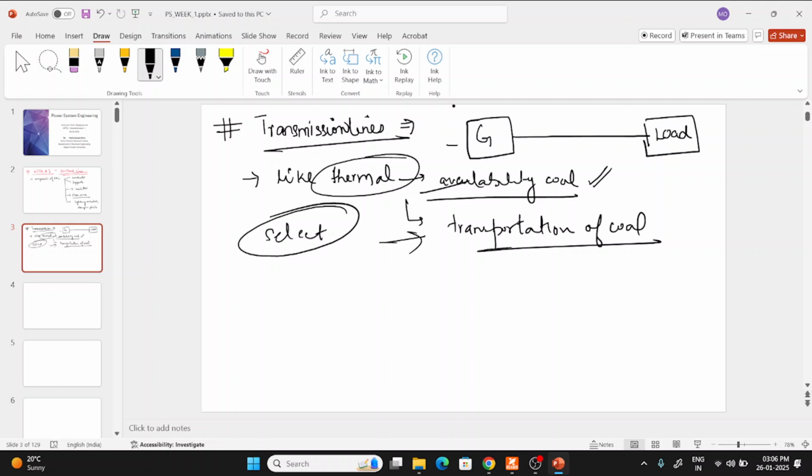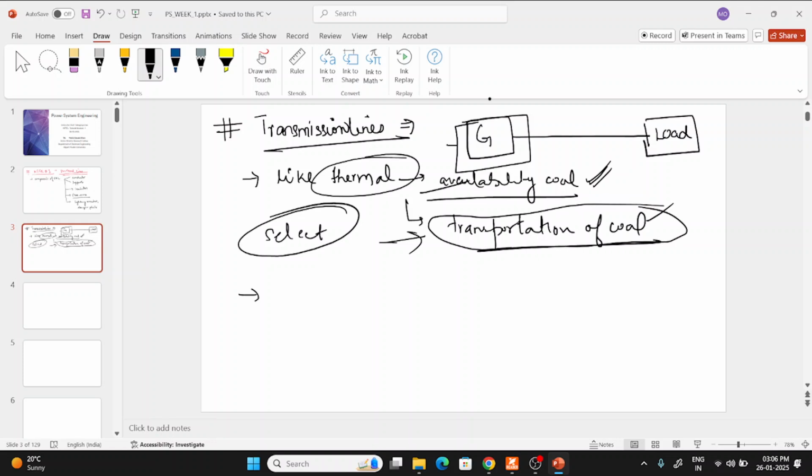So that's why the generation of electricity, for example using thermal, is done far away from the load center. The reason is that at those locations the coal availability will be high, or it is easier to get, or another factor is the transportation of the fuel, like coal.